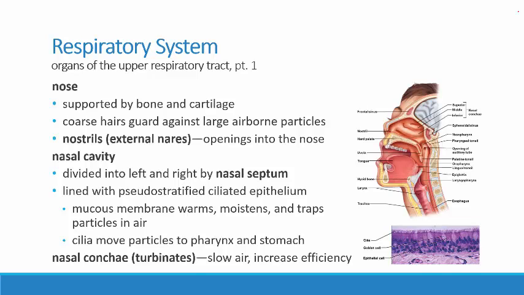There are bony parts in the interior of the nose as well. And we have larger or coarse hairs, guard hairs, that act to help slow down air as it enters the nostrils and to collect the large particulate stuff that might be in the air.